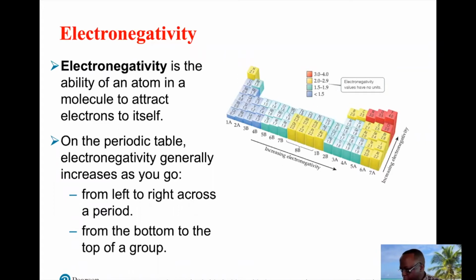So the change in electronegativity is 4.0 minus 2.1, and that is where we have 1.9.